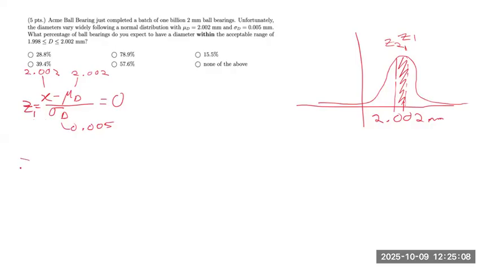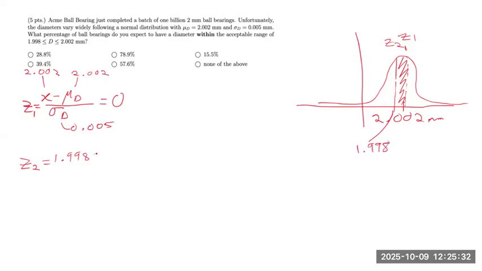And now for z2, z2 is going to be from this 1.998, because basically this location over here is 1.998 millimeters.